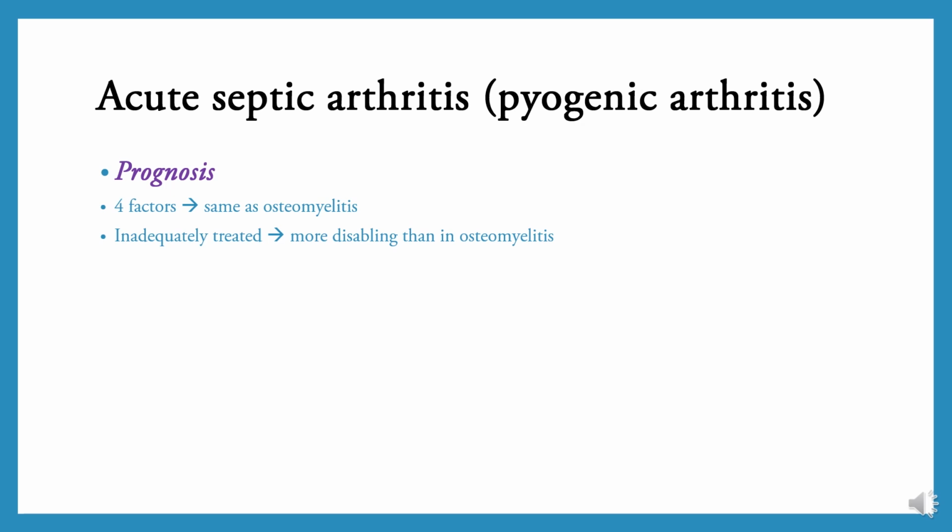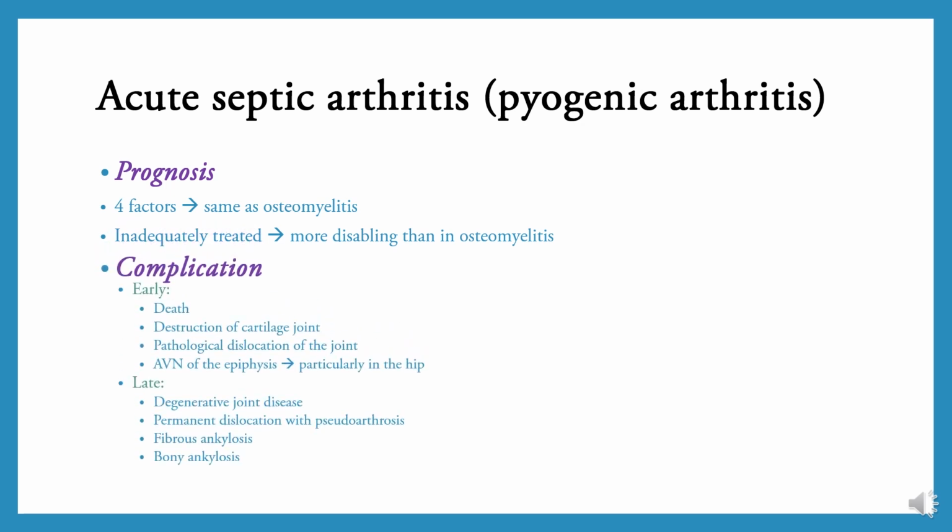If it is inadequately treated, it could be more disabling than osteomyelitis. Early complications involve death, destruction of joint cartilage, pathological dislocation of the joint, and avascular necrosis of the epiphysis. Late complications include degenerative joint disease, permanent dislocation with pseudoarthrosis, fibrous ankylosis, and bony ankylosis.